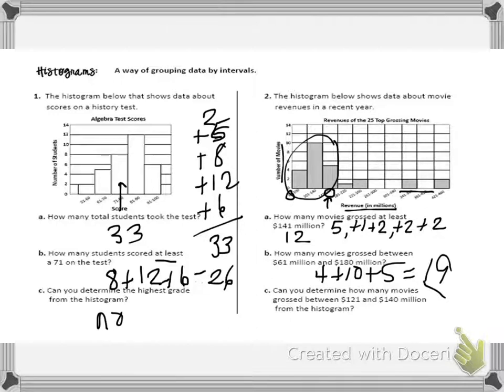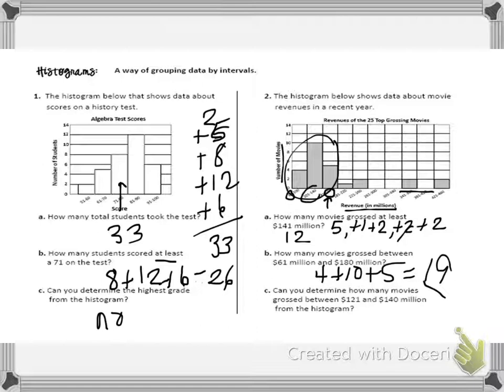Can you determine how many movies grossed between 121 and 140 million from the histogram? Yeah, we can, because all we have to do is look up here. Okay, 121 million to 140 million. Well, I take that back.